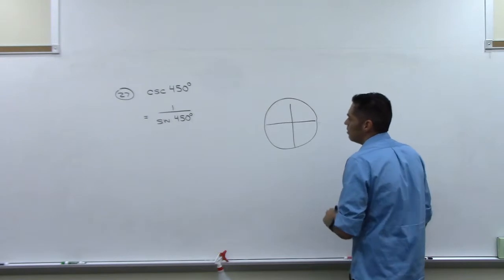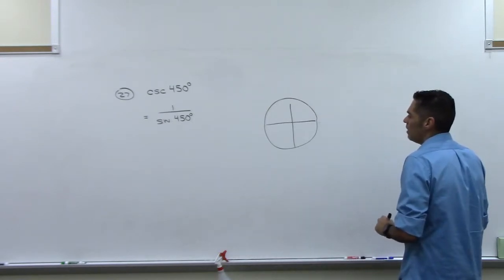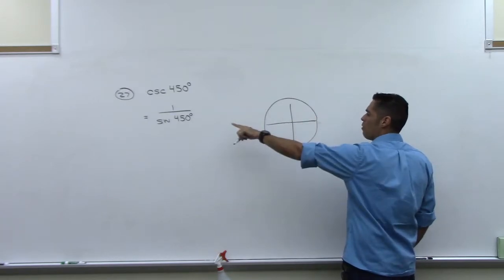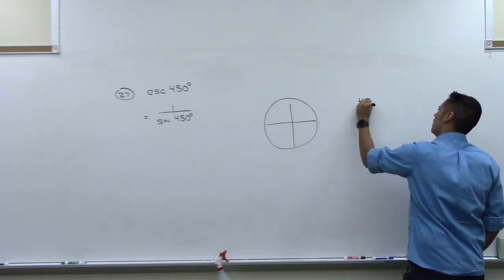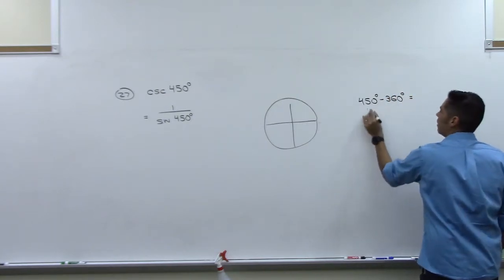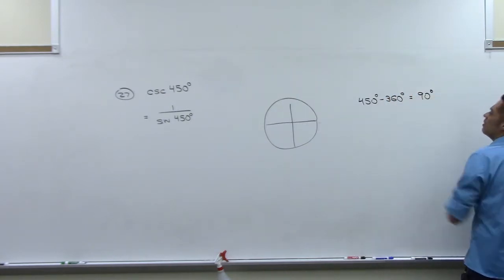So let me figure out where 450 degrees is. To see if this is a common angle, all the way around is 360, and this is more than that. If I take 450 and subtract 360, I get 90 degrees.